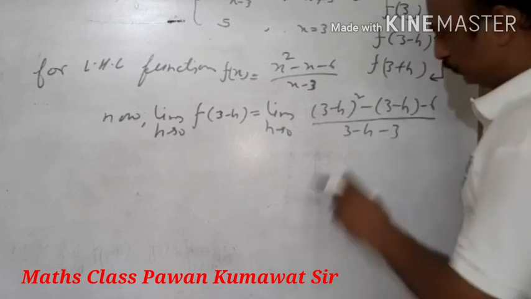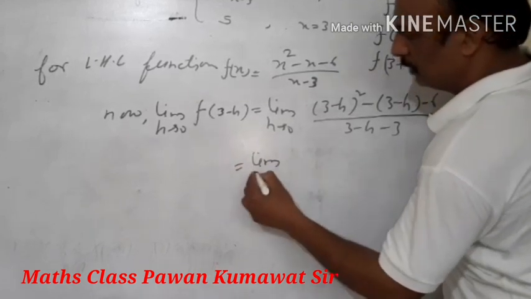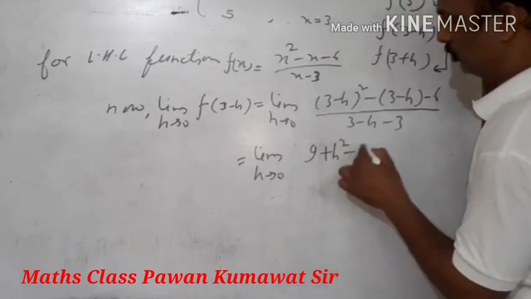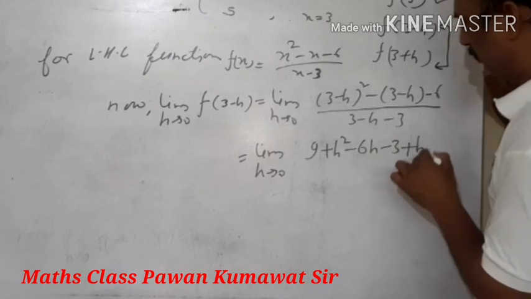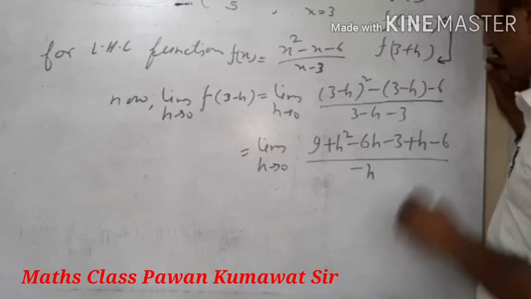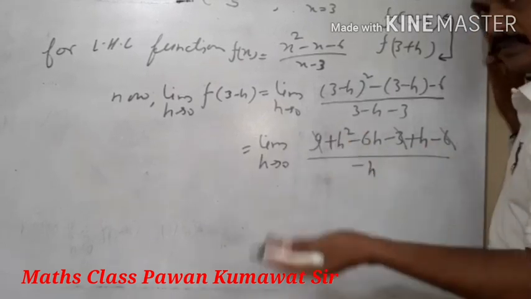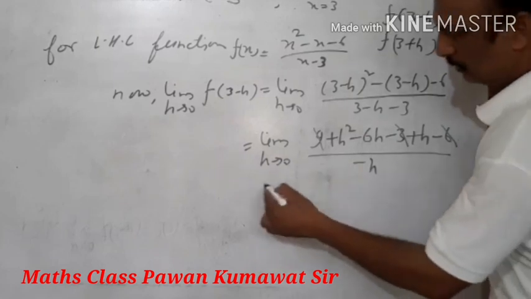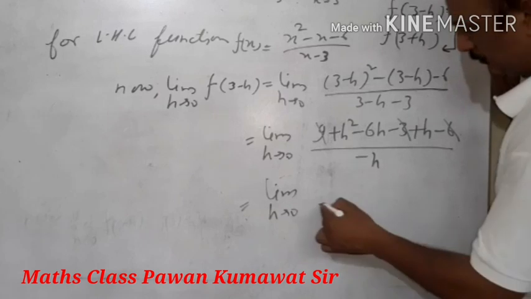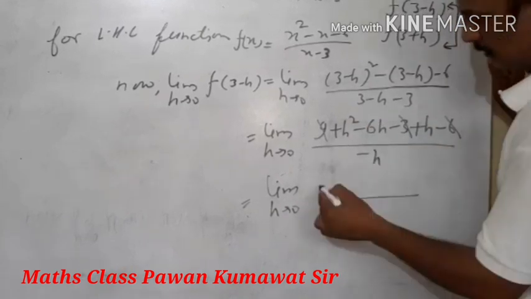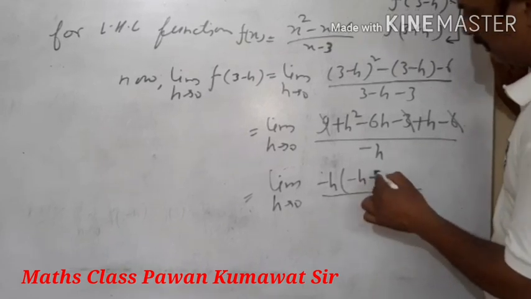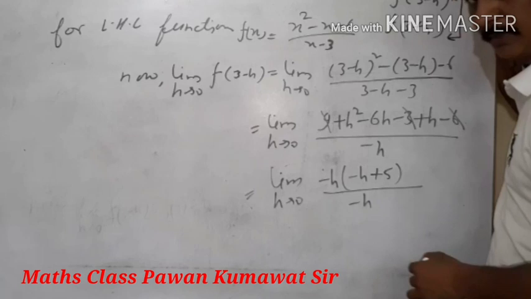Is that clear? Now, limit h tends to 0, it is (9 plus h square minus 6h minus 3 plus h minus 6) upon minus h. Now, these are cancelled. Okay. Limit h tends to 0, here if I take minus h common, then minus h plus 5 minus h.